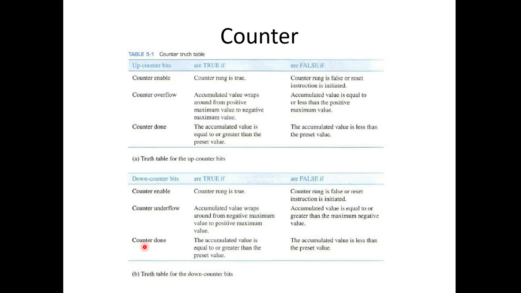So if you have a pre-stored accumulator value of 100, it can go down 100, 99, 98, 97, 96, 95, so on and so forth. So why do you need a down counter? The up counter is pretty straightforward, like I have given in the first slide: the example of counting the number of bottles that pass through the sensor.